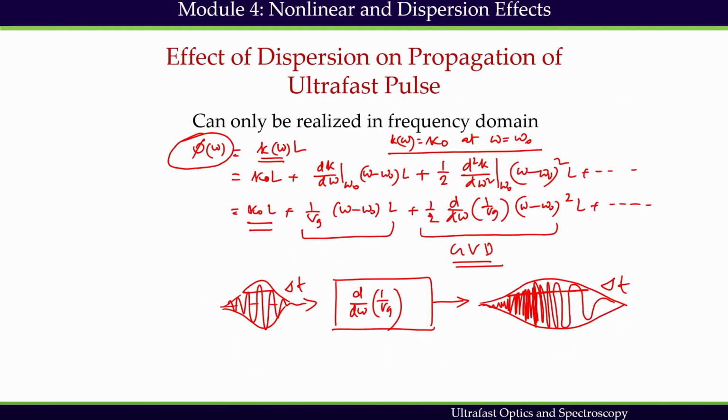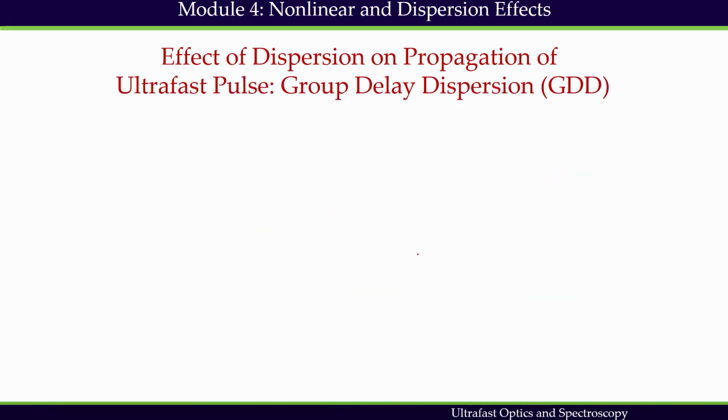So what we have seen is that these different components of the spectral phase are going to introduce different effects in the pulse, and we are only interested in GVD, group velocity dispersion effect. So we'll assume that due to propagation of the pulse through the medium, the only additional phase which is introduced is due to group velocity dispersion, that is second order dispersion term.